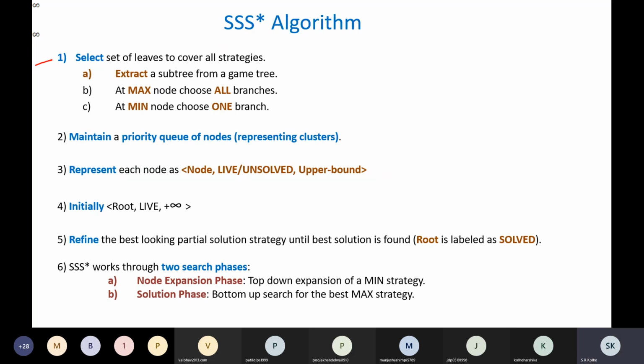We have started with a set of nodes covering all available strategies. We will refine the one with highest upper bound, and when a fully refined strategy has a higher value than the other partial strategies, that means we have arrived at the solution, and then the algorithm will terminate.